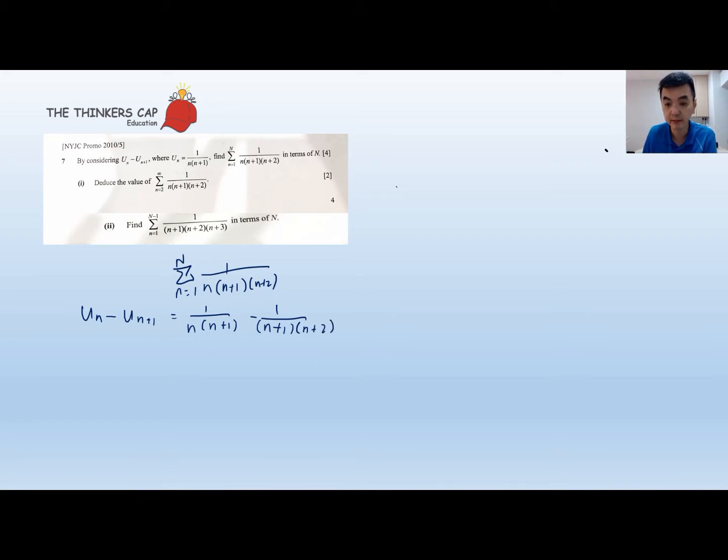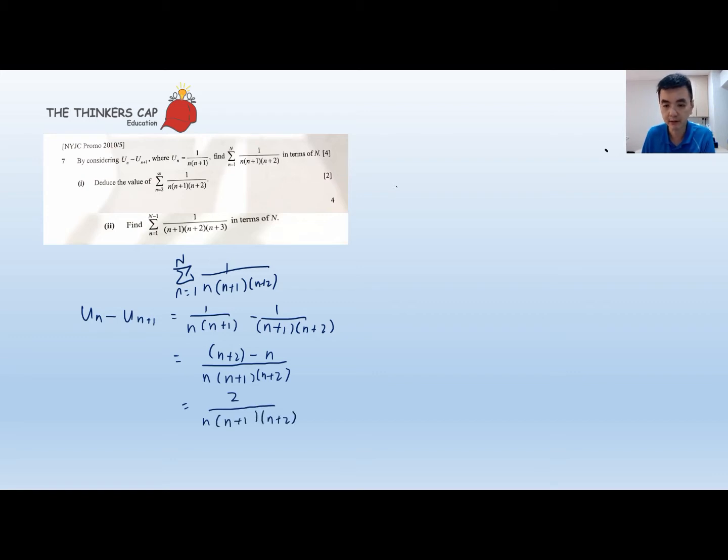In this case I'm going to simplify these two fractions by finding an LCM, which will be n(n+1)(n+2). I've got multiplied by n+2 over here, and minus multiplied by n, and the outcome will be 2 over n(n+1)(n+2).